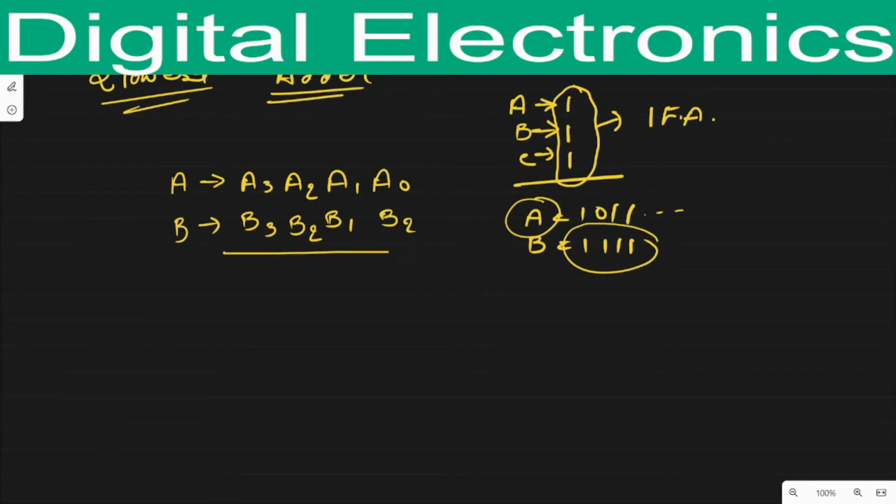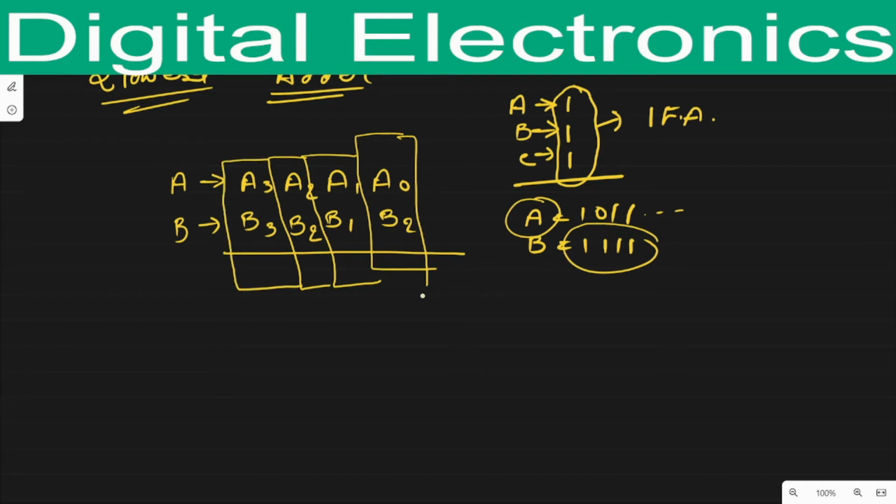One full adder will add these 2 bits, the second full adder will add these 2 bits, the third full adder will add these 2 bits, and the fourth full adder will add these 2 bits. But we know that a full adder adds 3 different bits, so we will consider the starting carry bit as 0.